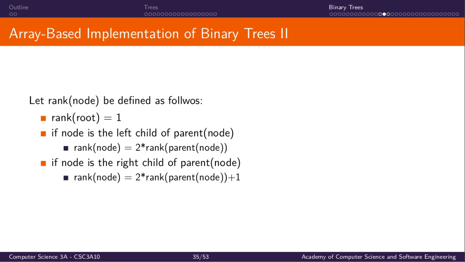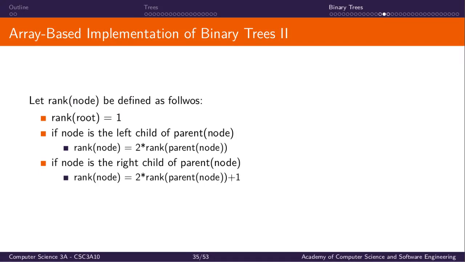Then to find where the child of any element will be stored, we take the rank of the parent and multiply it by 2, which gives us the left child. We multiply it by 2 and add 1, which gives us the right child.